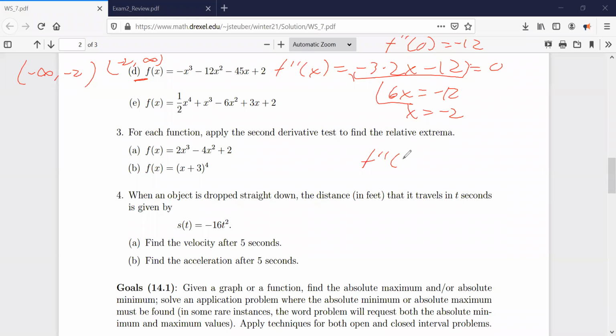So f double prime of negative 10 is going to be positive, because we have negative 6 times negative 10 minus 12 is equal to 48, and that is positive. So it is concave up from negative infinity to negative 2, and concave down from negative 2 to infinity.